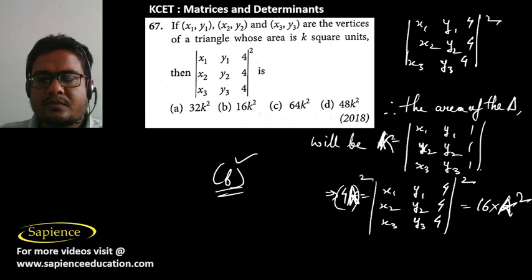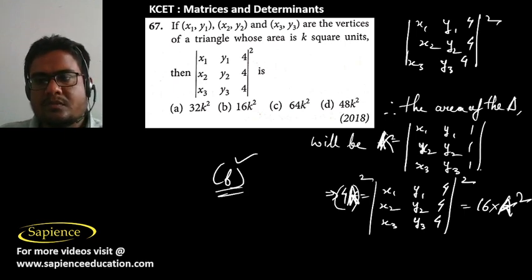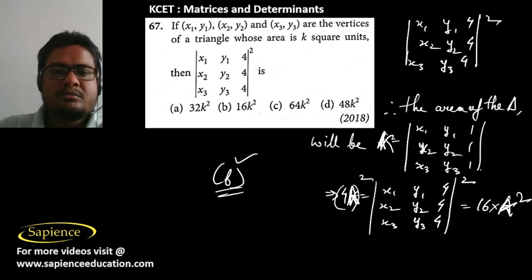We have multiplied 4 with the third column, and squared that. So option B is the correct answer.